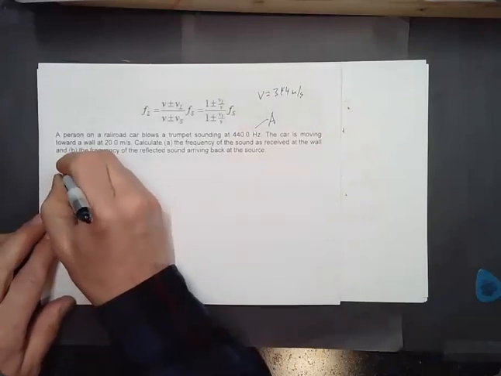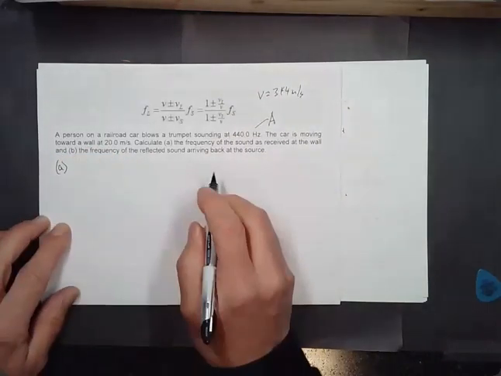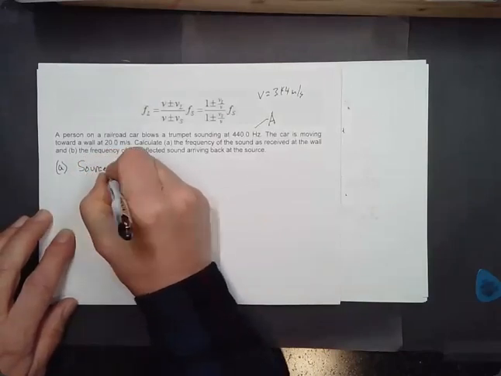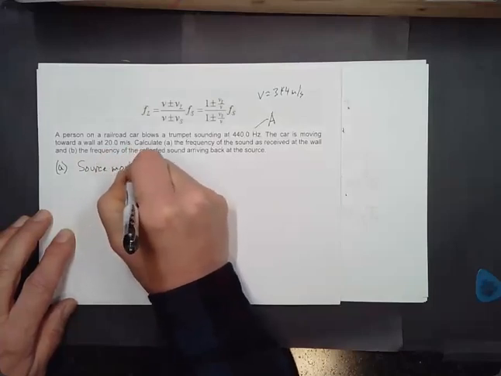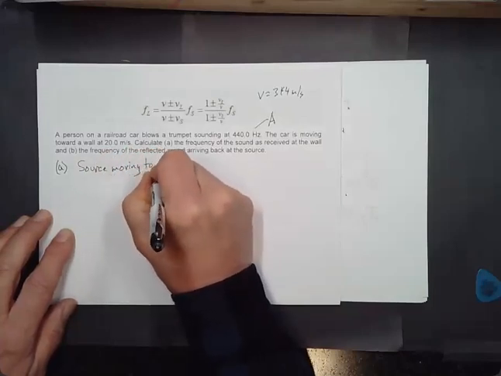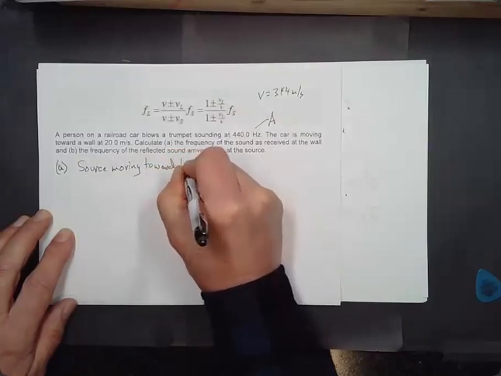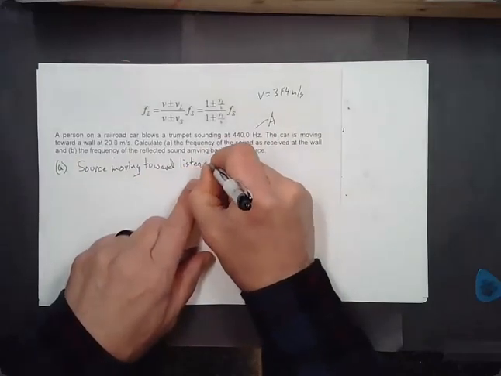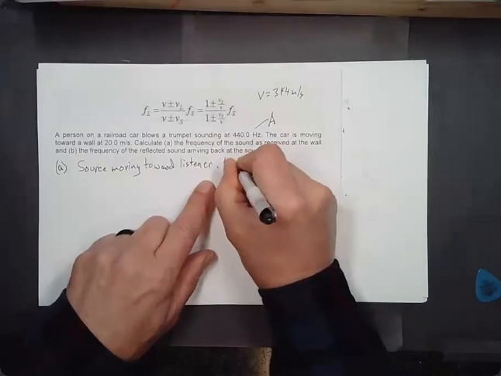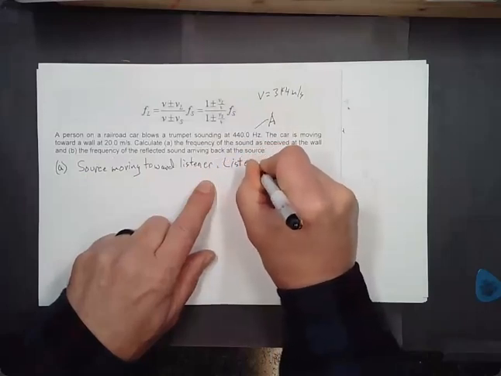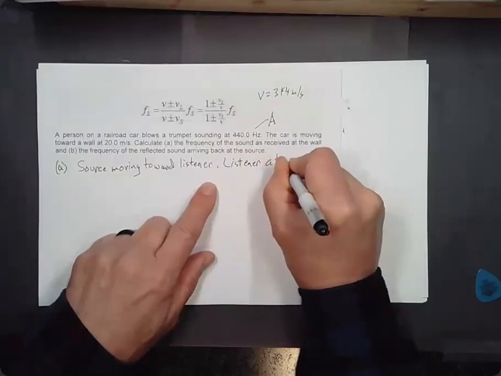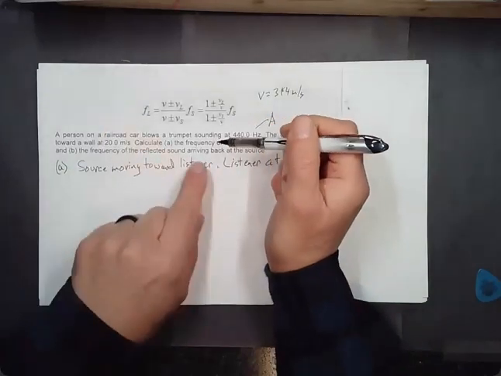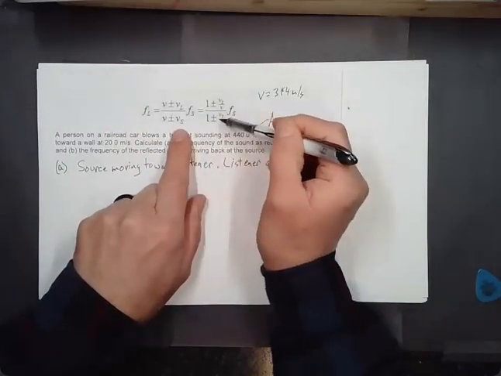So for part A, we have a source moving toward a listener, and we have a listener at rest. Okay, so in that case, we'll have a moving source, so we'll use something on the bottom.